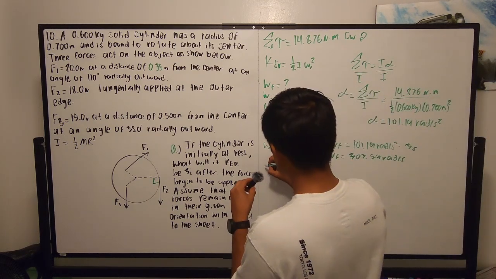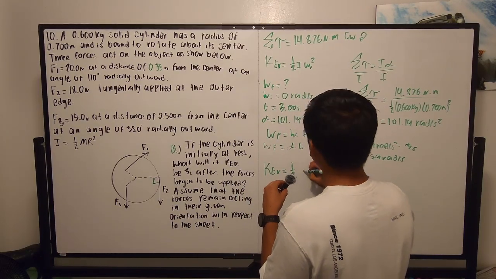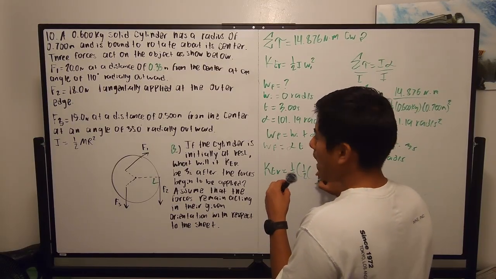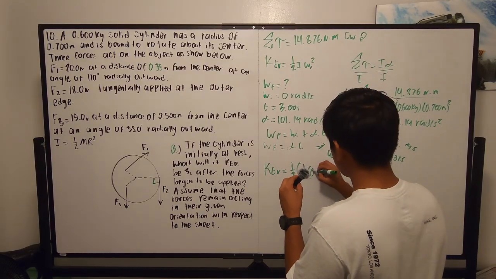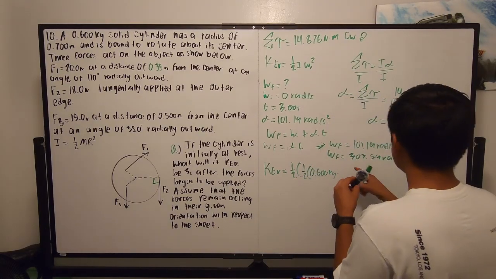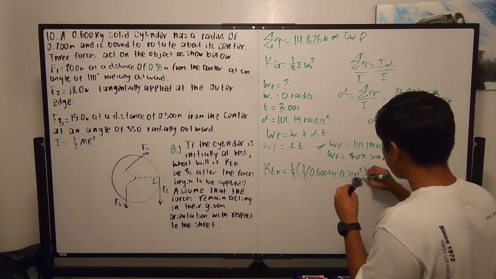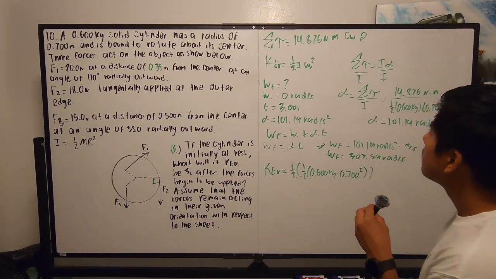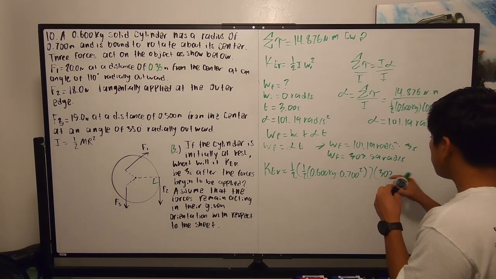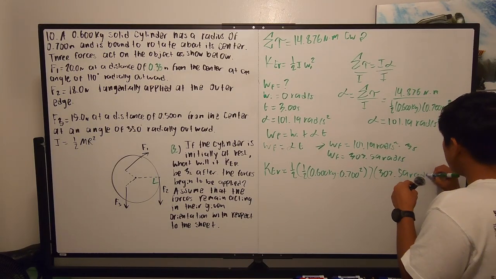So the rotational kinetic energy, plugging in all my values, is going to be 1/2, and then the moment of inertia is 1/2 m, which is 0.6, multiplied by r squared, which is 0.7 squared, multiplied by omega final squared, which is 303.59 radians per second.